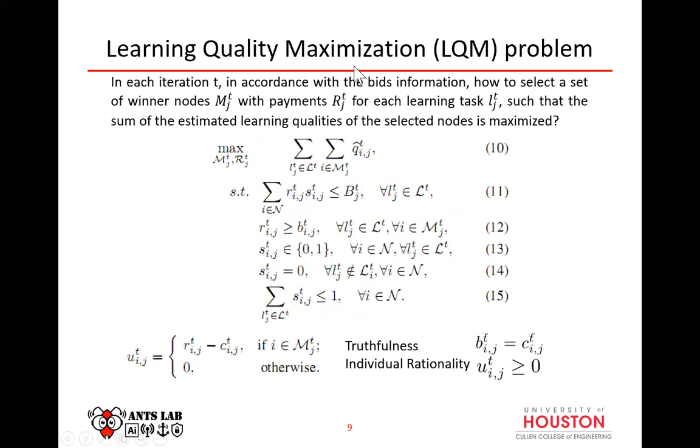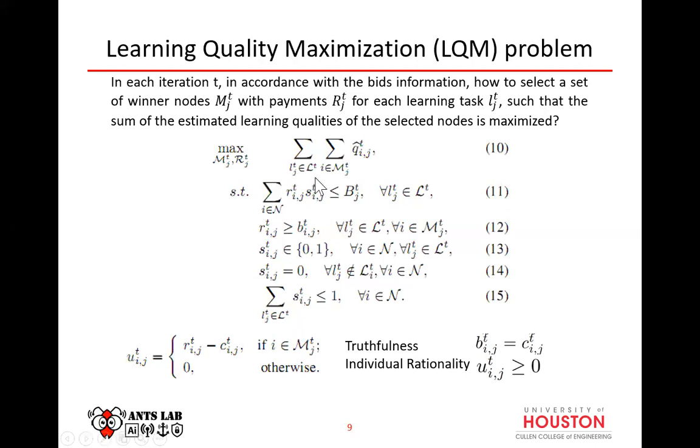So the original problem is transformed into this learning quality maximization problem. Specifically, in each iteration T, in accordance with the bid information, here is the bid price, how to select a set of winner nodes, MJT, with payments, RJT, for each learning task, such that the sum of the estimated learning qualities of the selected nodes is maximized.